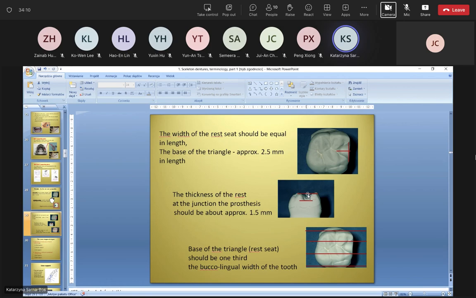So here 1.5 millimeters. And the base of the triangle, so the rest seat base, should be 1/3 the buccolingual width of the tooth. So you see, we can divide the tooth into 3 parts, and the base of the rest seat is 1/3 of the buccolingual width.